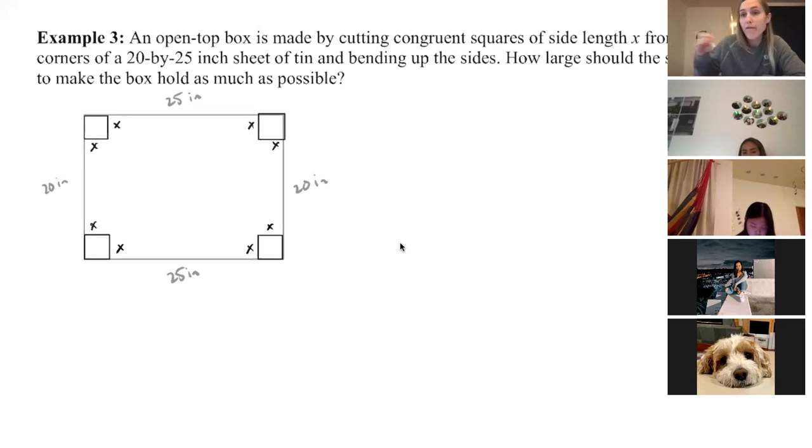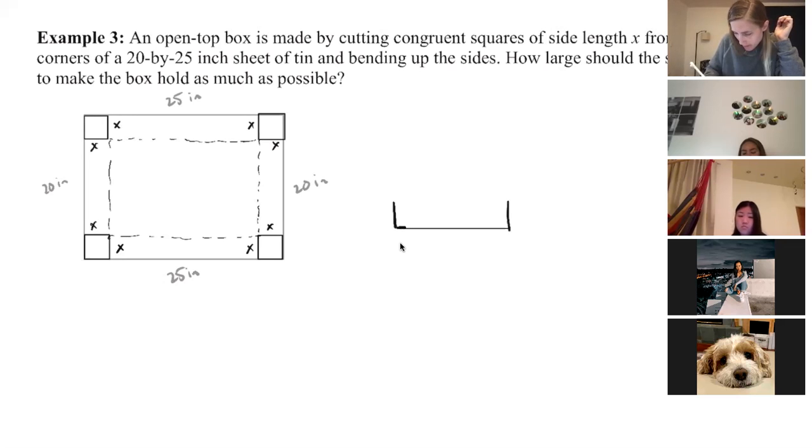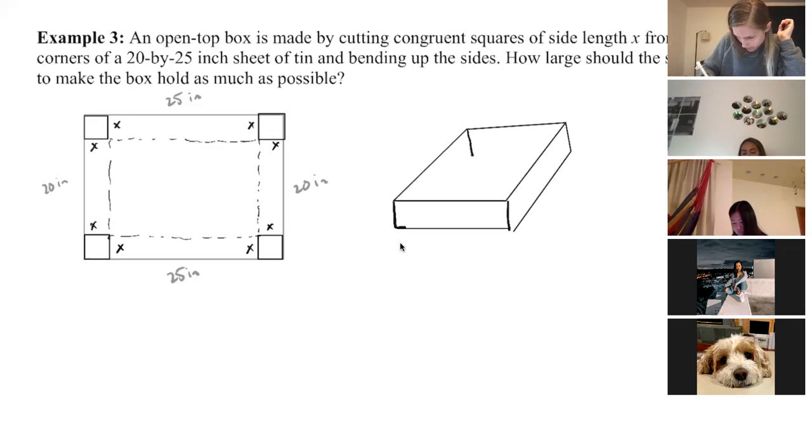And then after those corners have been cut out, we fold up the tabs on the side, along here, along here, and along here, so that you would have something that might look like that. An open top box, after you've folded up the sides.